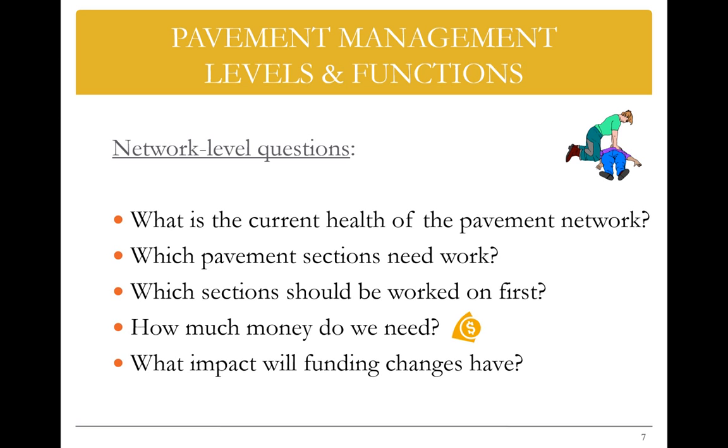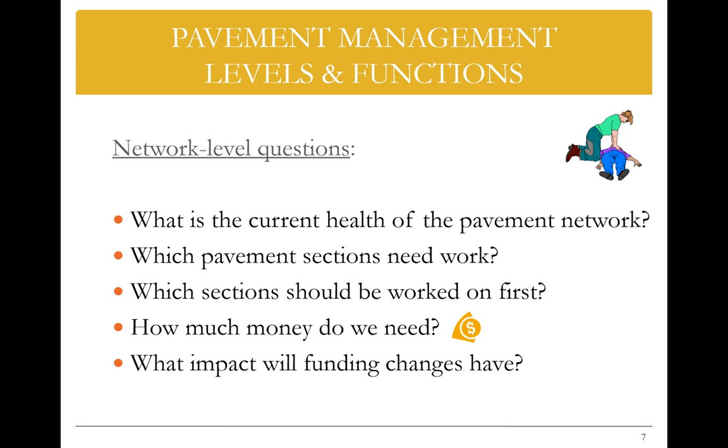The third question would be, which sections should be worked on first? And we will be talking about this in a minute. There are two schools of thought when it comes to fixing the road: which roads should we fix first, the good roads or the bad roads? And the other question is, how much money do we need to fix these networks or these roads?